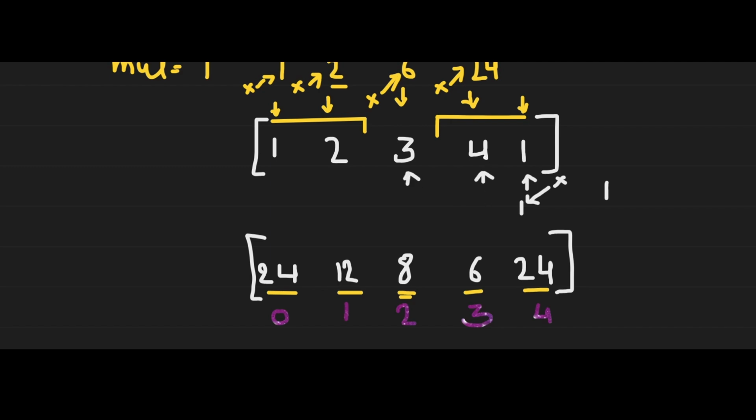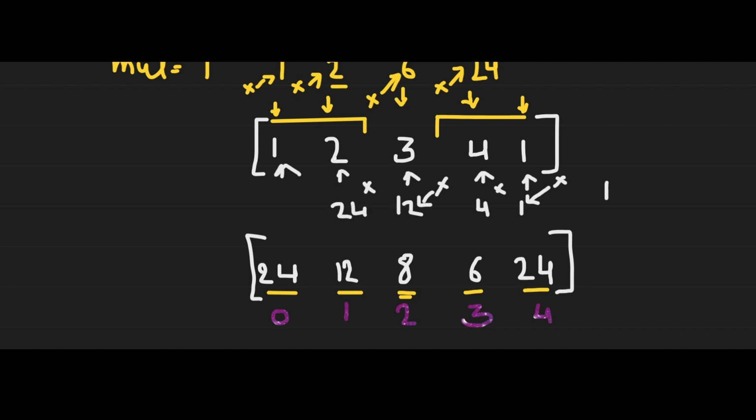For 3 the multiplication will be 4 into 1, it will be 4. Similarly we'll move forward. For 2 it will be 3 into 4, so it will be 12. Similarly for this one, 2 into 12 it will be 24.